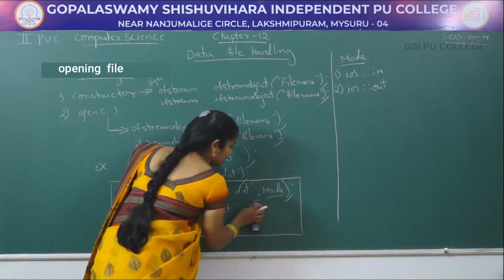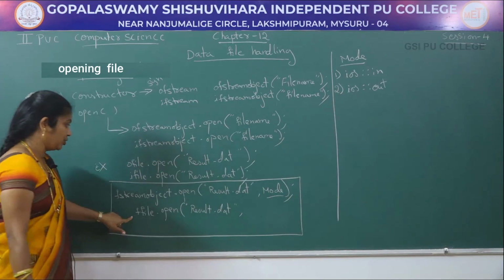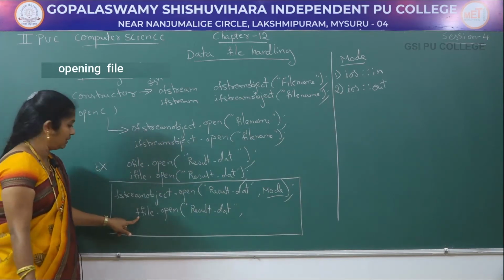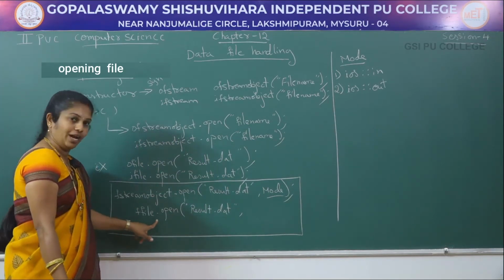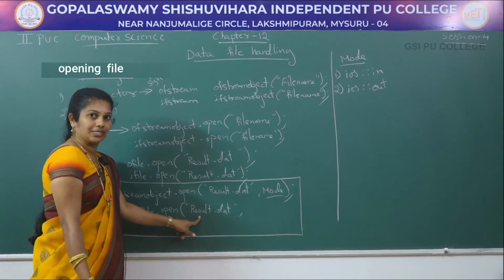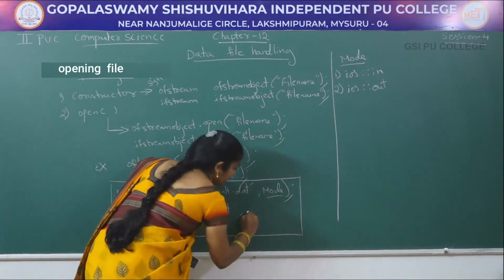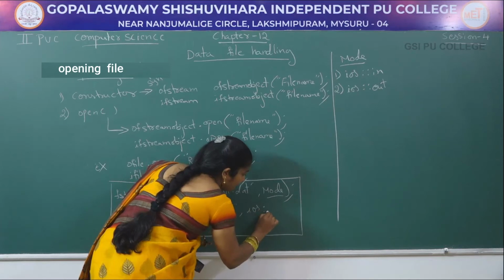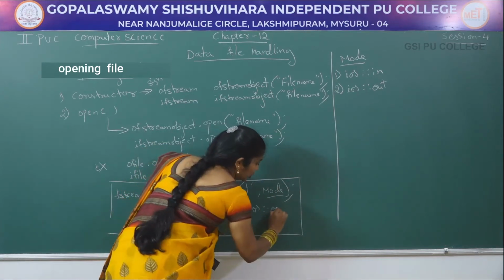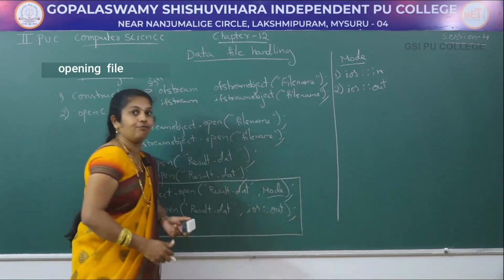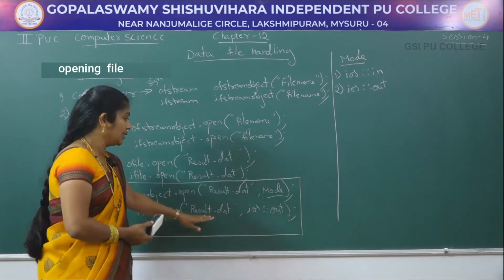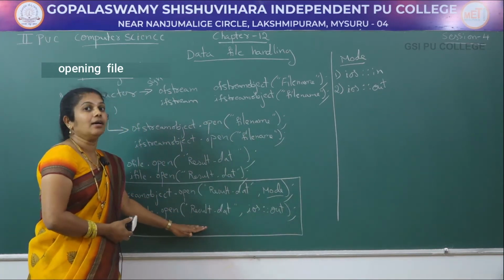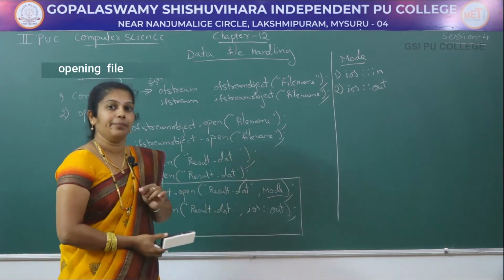Here in the example, the fstream object is fFile dot open, inside the quotes result dot dat, then ios::out. We are opening the file for output purpose, that is, we are using this file for writing purpose.